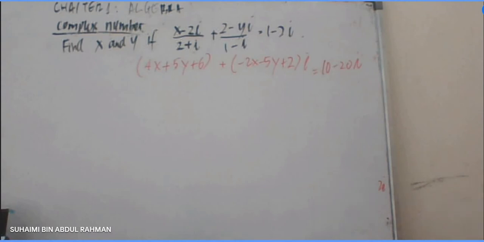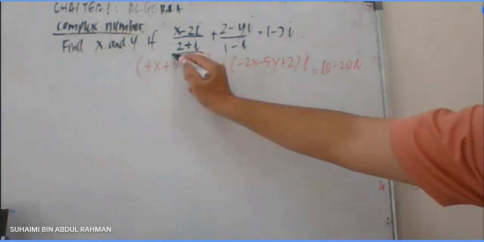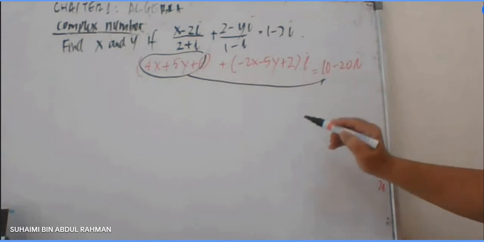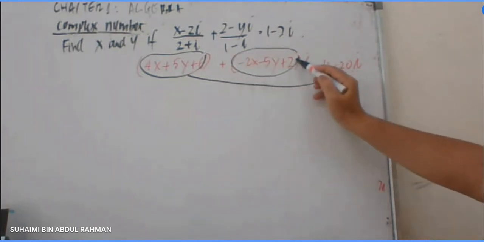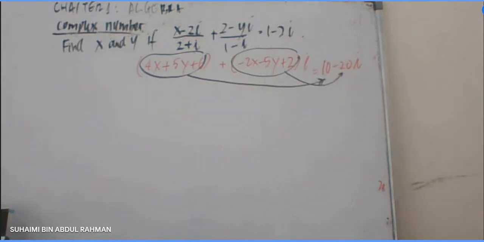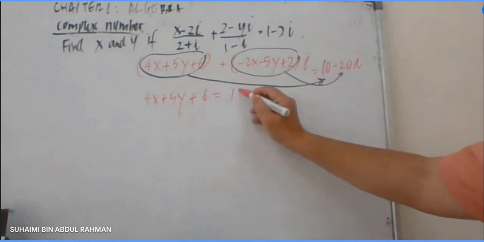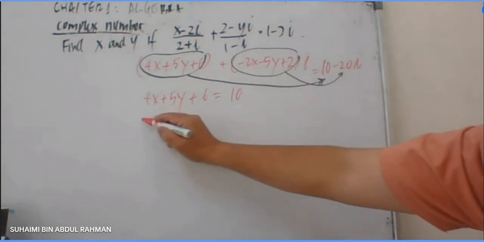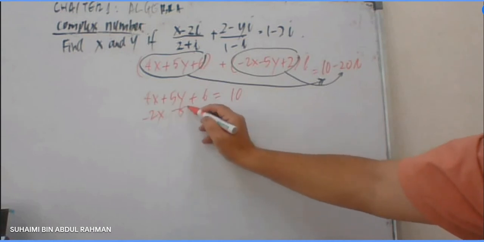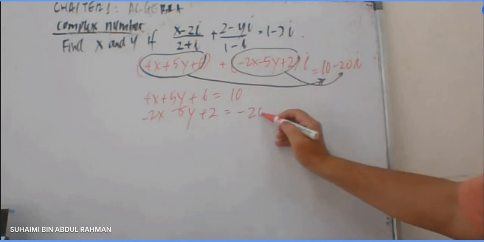So if we compare, we can say that x plus 5y plus 6 equal to 10, and that minus 2x minus 5y plus 2 equal to minus 20.